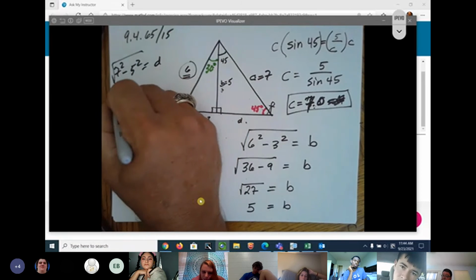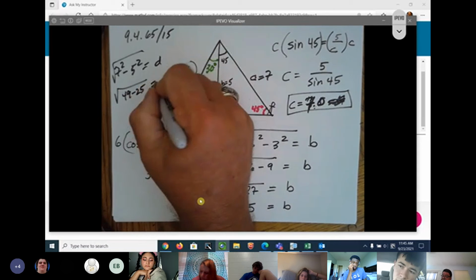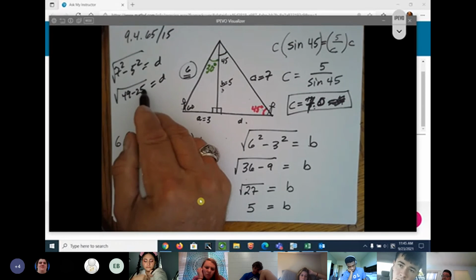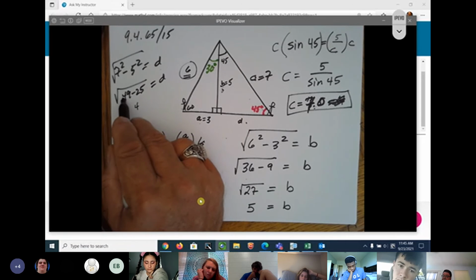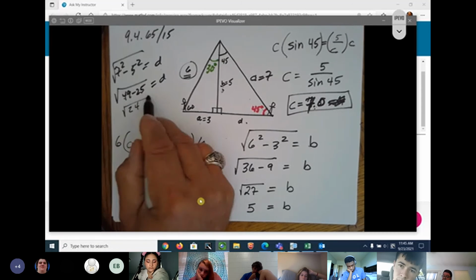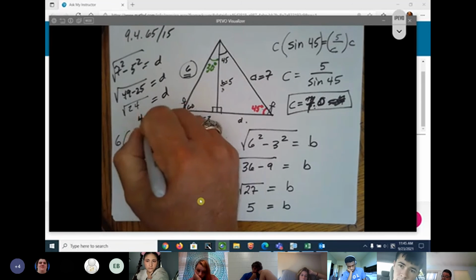that. That's going to be the square root of 49 minus 25, which is 24. So that's going to be like 4.9.